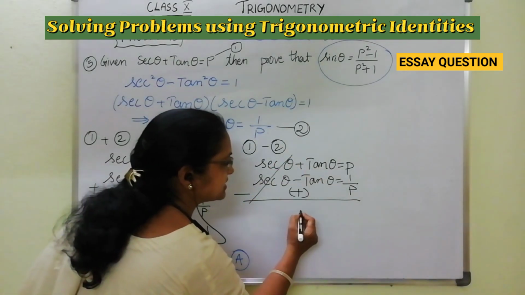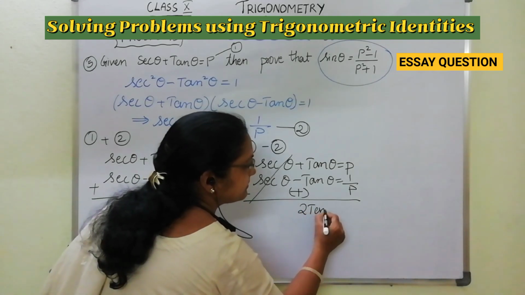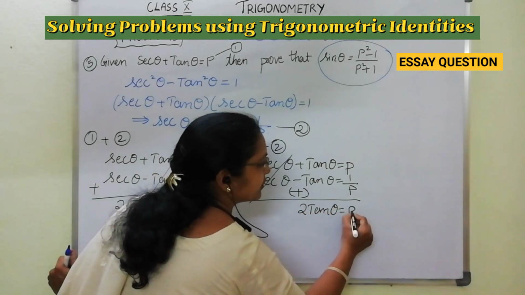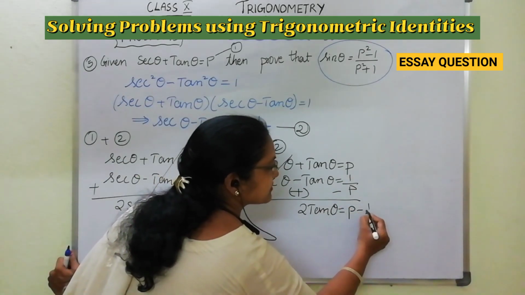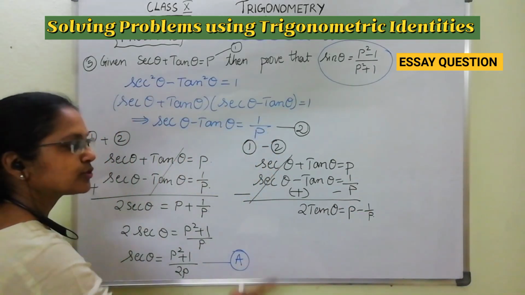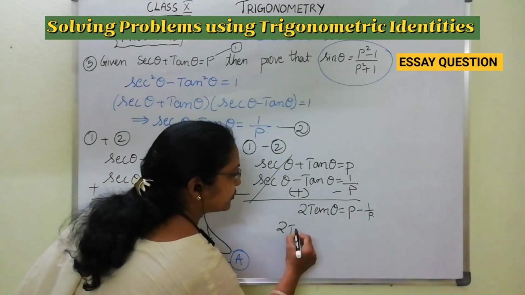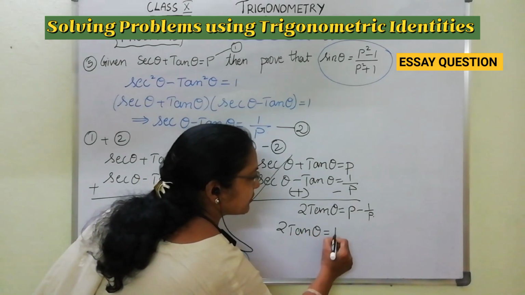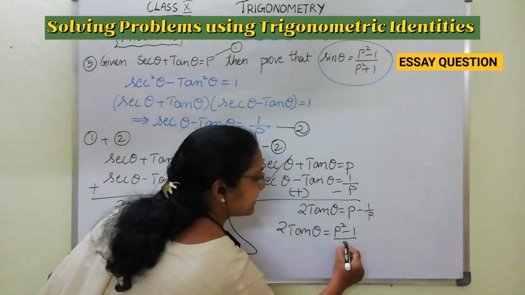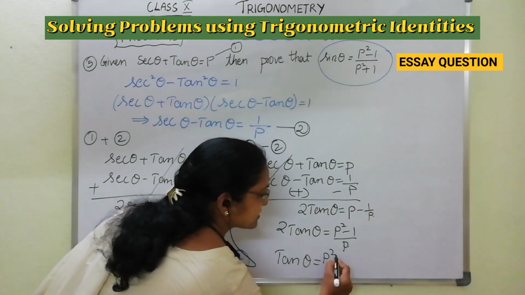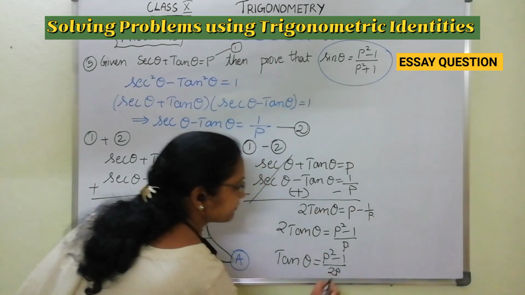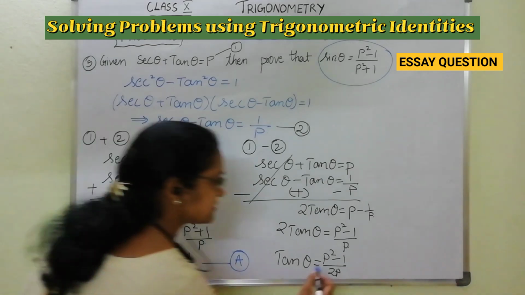So tan plus tan is 2 tan theta, is equal to p minus 1 by p. So p minus 1 by p is nothing but p square minus 1 by p, so 2 tan theta is equal to p square minus 1 by p. In other words, tan theta is equal to p square minus 1 by 2p. Now let us take this as b.